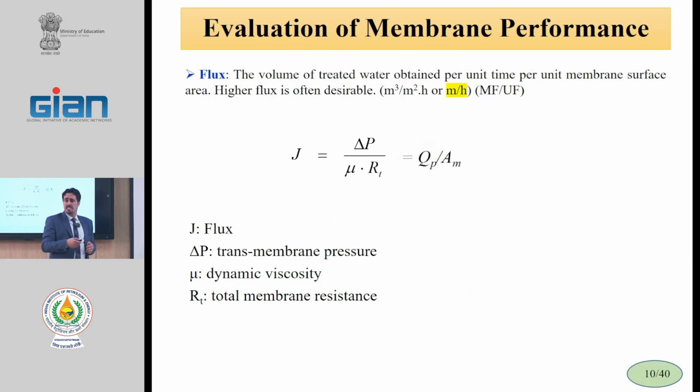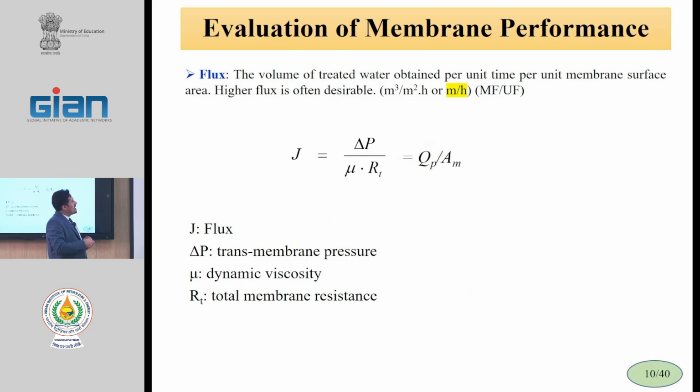From a theoretical view, the flux in filtration membranes, where the driving force is delta P, can be defined with this equation. The delta P is on top, and the viscosity and the resistance are on the bottom.